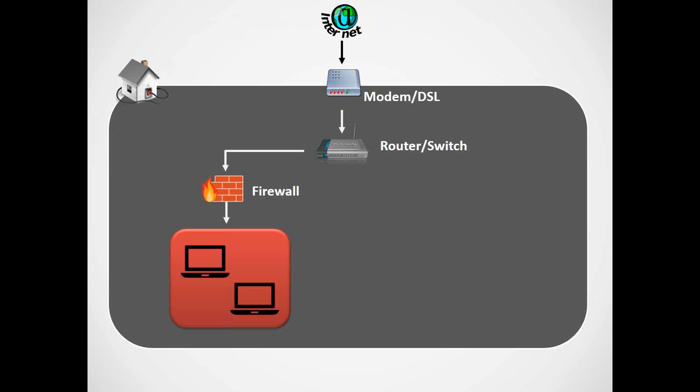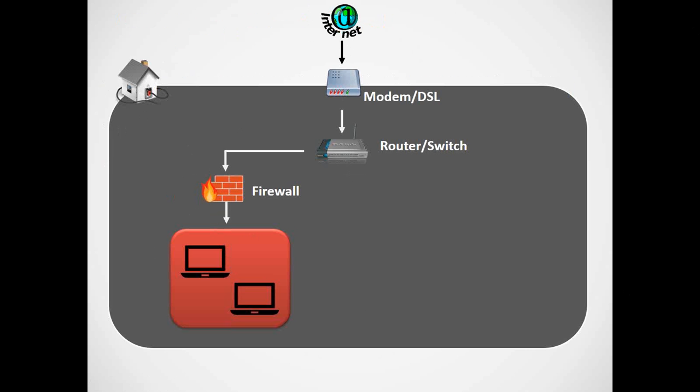And from this router you go through the firewall, where you set up what kind of rules you want. For example, if you do not want to access certain websites, you specify all the rules on what you should not be able to access; that kind of blockage or permissions can be done in the firewall. And then from the firewall we are able to access exactly the computer that we have within the home.